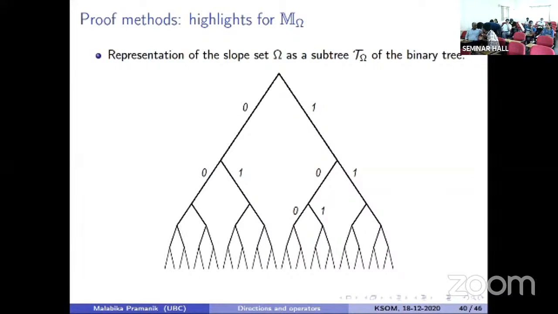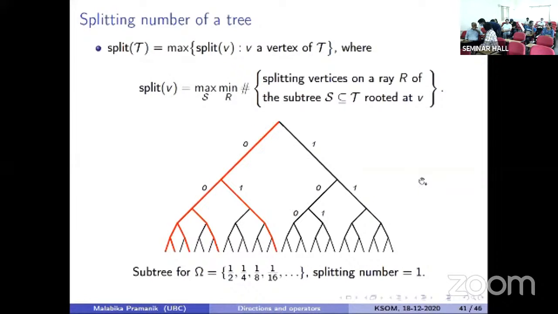In this language, every slope set in the unit interval is given by a subtree of the binary tree, where a ray belongs to the subtree if and only if the point that it represents lies in the slope set Omega.